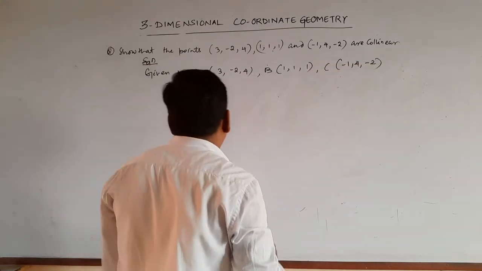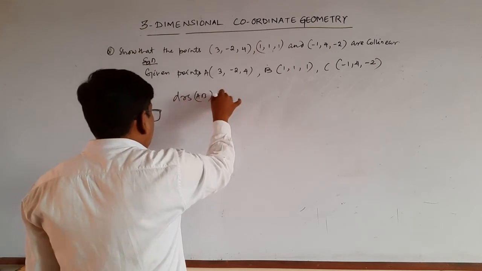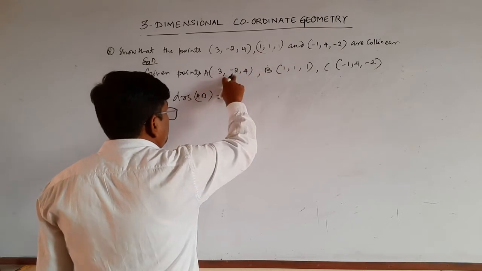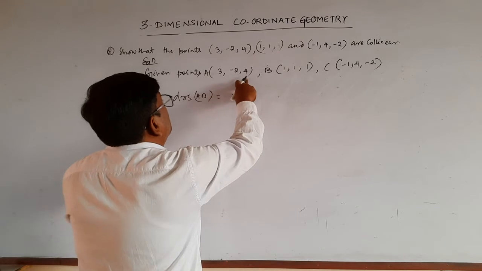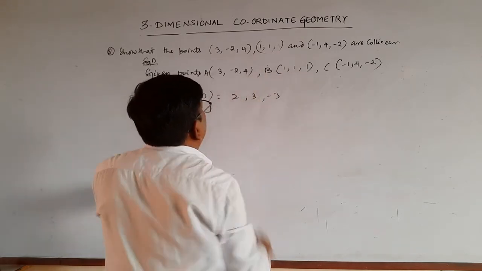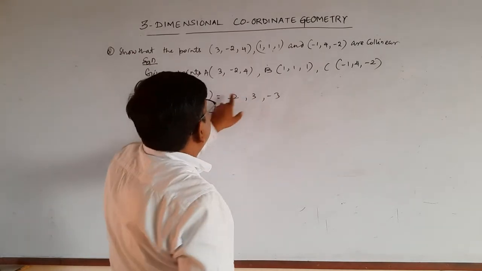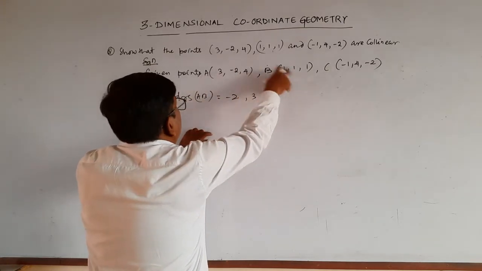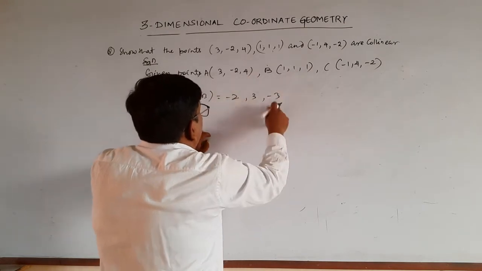Now DRs of AB is equal to 1 minus 3, 1 minus minus 2, that is plus 2 and 3, and 1 minus 4, minus 3.